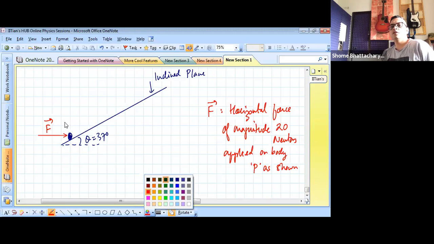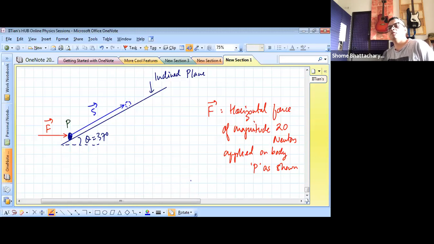So this is our body. Now as a result of application of this force, let's say this body makes a displacement and reaches up here after some time. Okay, so it makes a displacement.